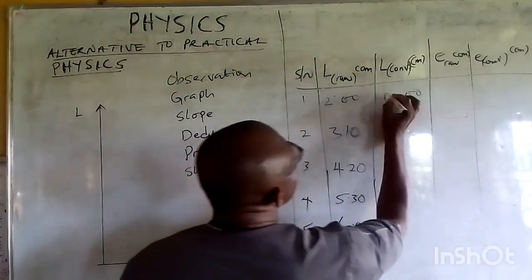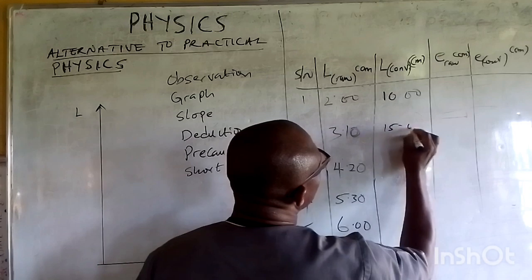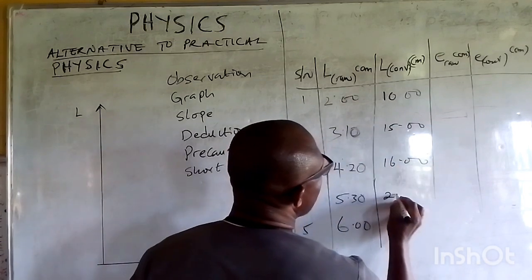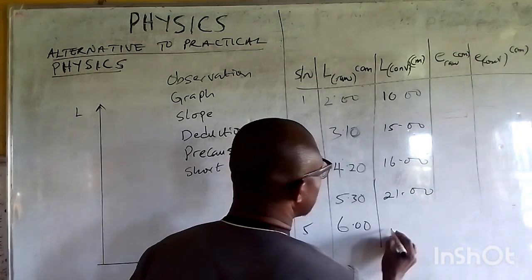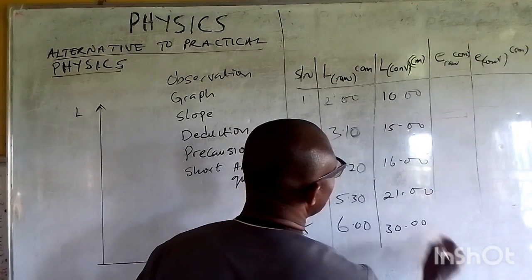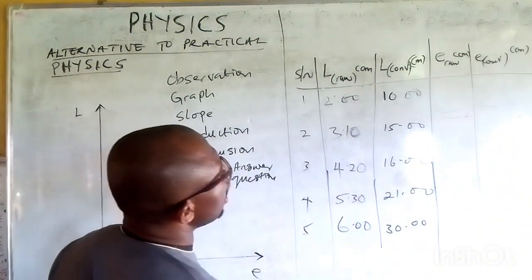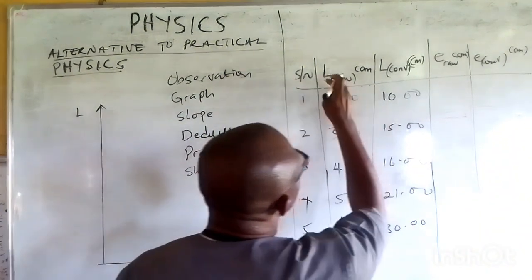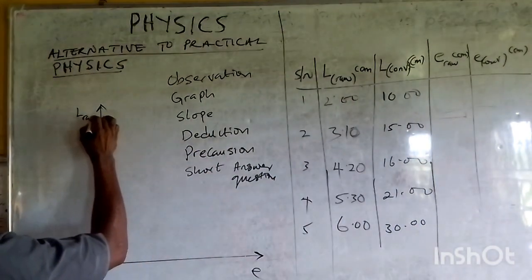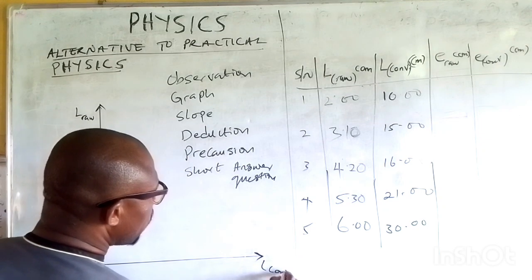Maybe this one is 20, this one is 10, this one is 15.00, this one is 16.00, maybe somewhere here I have 21.00, and somewhere here I have 30.00. Now if I am to plot this graph, maybe a graph of L raw against L converted.